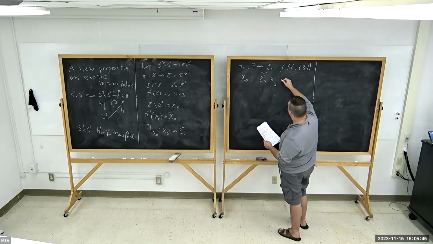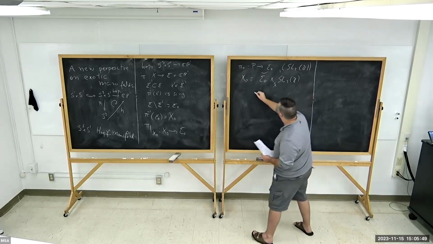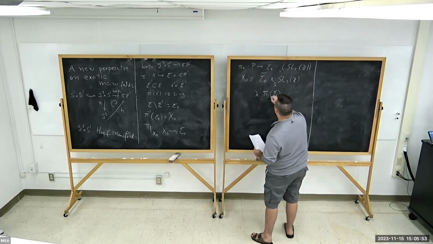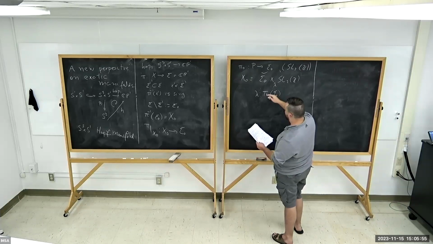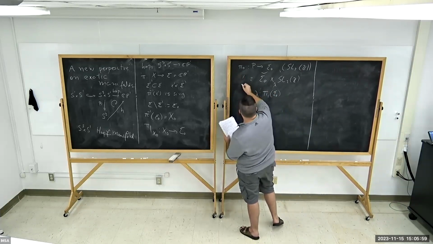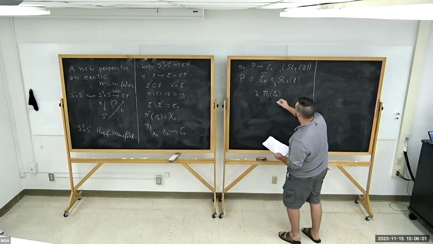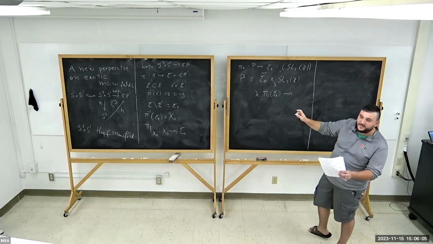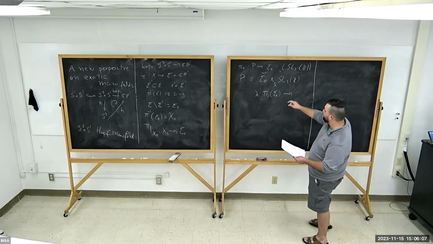So you do get a principal bundle that describes the regular part of our elliptic fibration as a fiber bundle.